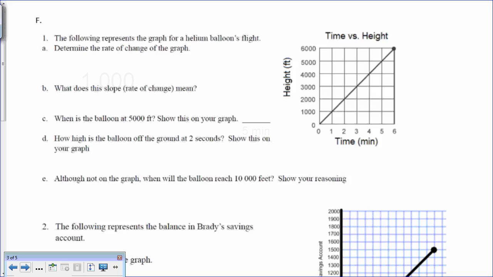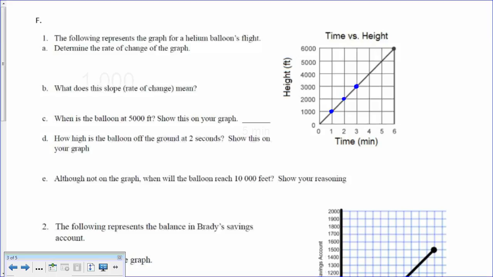All right, moving on. Now dealing with graphs. The graph that you see over here represents a helium balloon flight. So here you have your time going up by ones. Here you have your height going up by 1,000. As you can see here, they want us to determine the rate of change. Well, at 1, we are at 1,000. At 2, we are at 2,000.